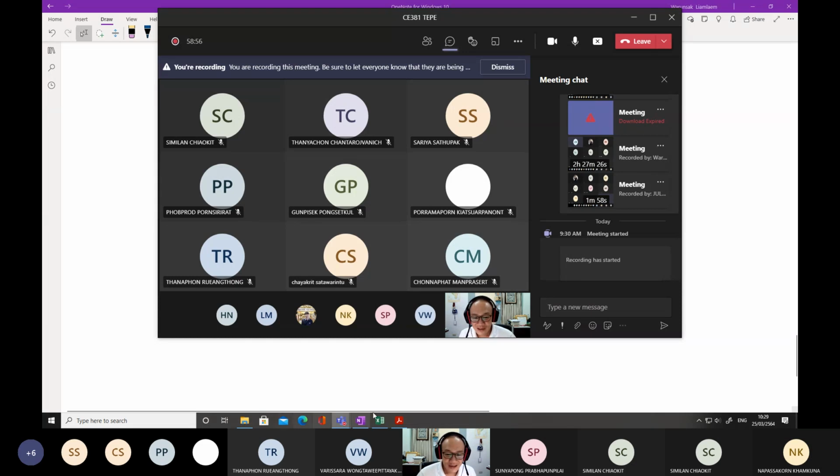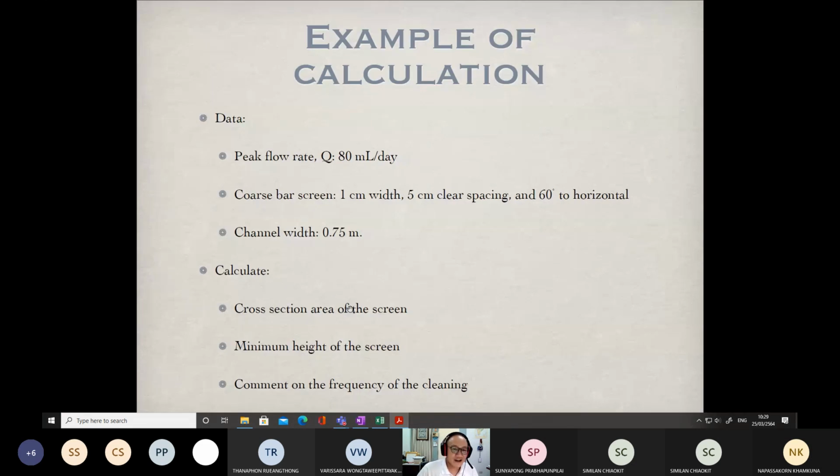Okay, so according to this example, how do we determine the cross-sectional areas of the screens? You have to begin with the concept that if you are about to determine the areas, you have to think about the continuity equation. In order to get the areas, you need to know the flow rates and the velocities. Once you know the flow rates and the velocities, you will definitely get the areas.